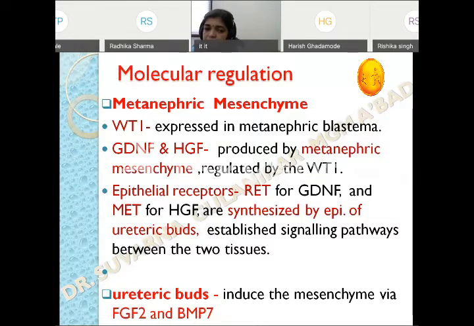In the same way, there is a reciprocal induction by the ureteric bud, which induces the mesenchyme of the metanephric blastema via FGF2 and BMP7. So GDNF and HGF help in induction of the ureteric bud, while the ureteric bud helps in induction of the metanephric mesenchyme.